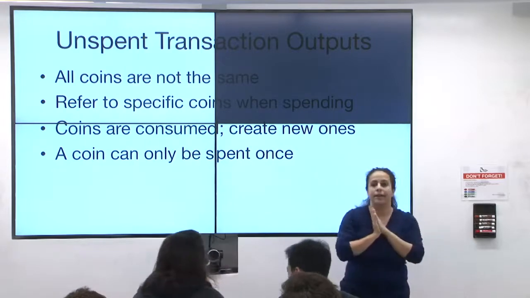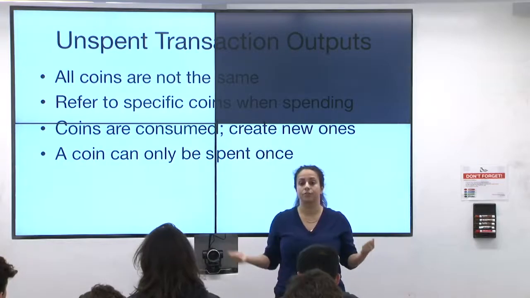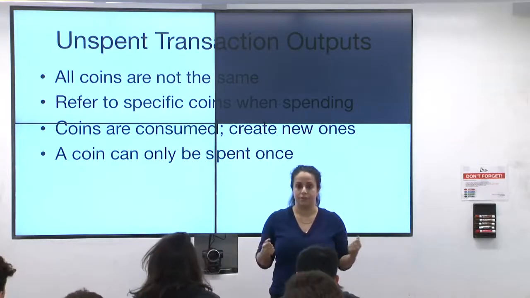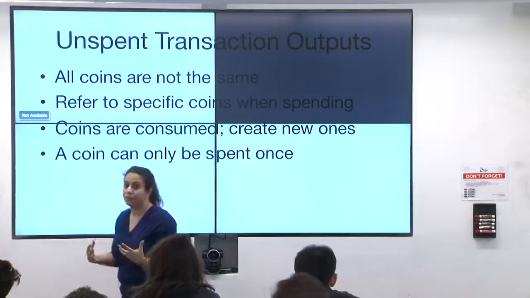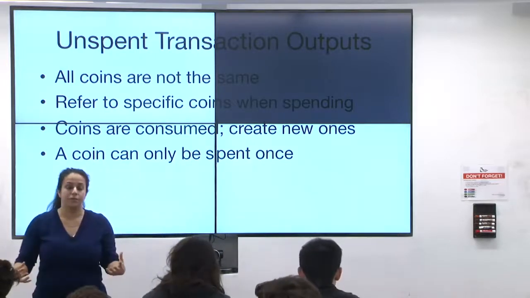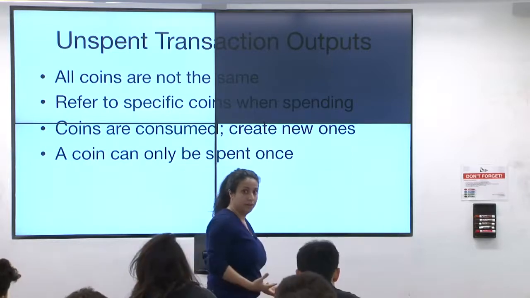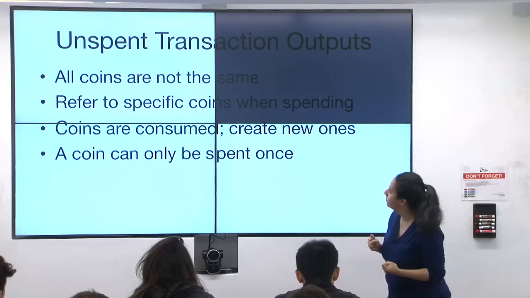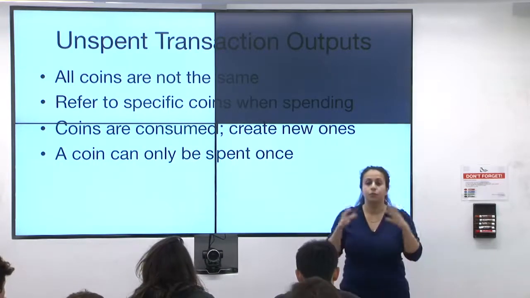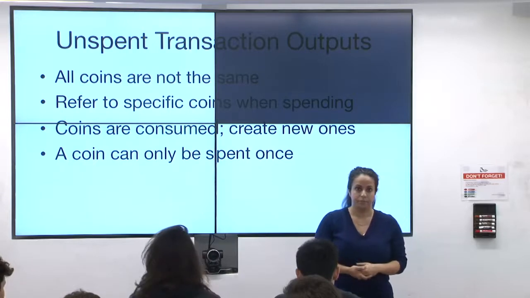Coins are consumed, and then new coins are created every transaction. So whenever you spend your Bitcoin, you have to spend it in its entirety. That Bitcoin is then destroyed, and new coins are created. And there's a rule in the entire system that a coin can only be spent once.